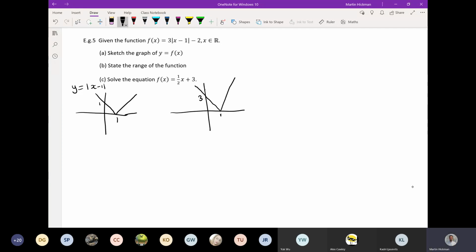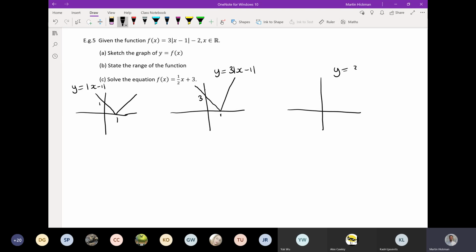So now you're going to have an intercept there at 3 instead. Finally, for the last bit, you're going to take 2 from every y. The graph just drawn here is y equals 3 modulus of x minus 1. Basically think of that as a stretch of scale factor 3 parallel to the y-axis.